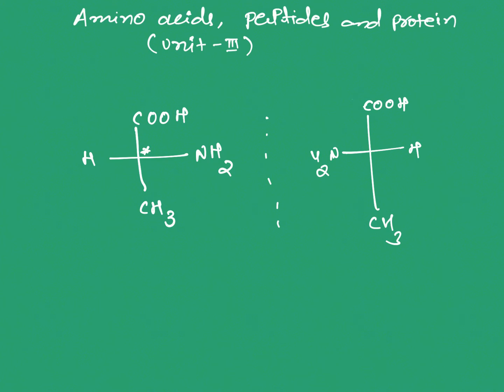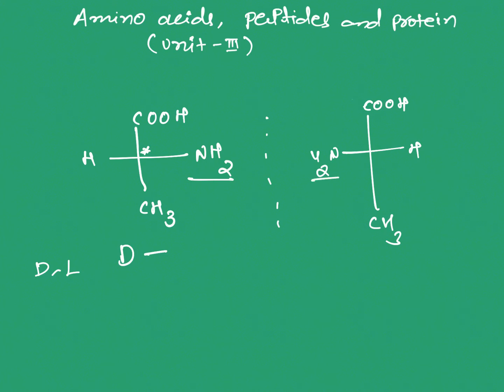When we compare with the D-glyceraldehyde, because capital D, capital L, it is a relative configuration. We have to compare with the D-glyceraldehyde and L-glyceraldehyde. Here, the NH2 group which is present in the right side, we call it as D isomer.